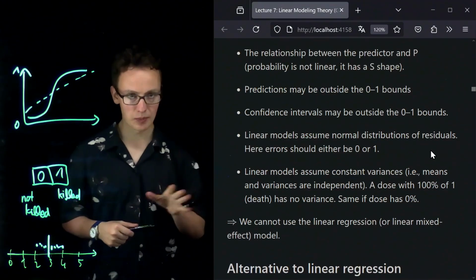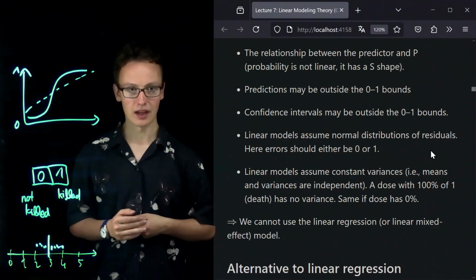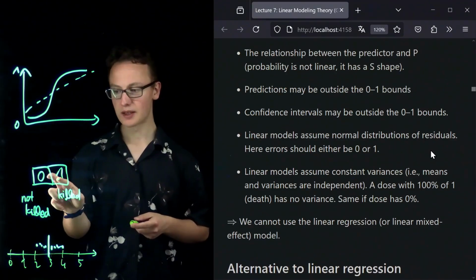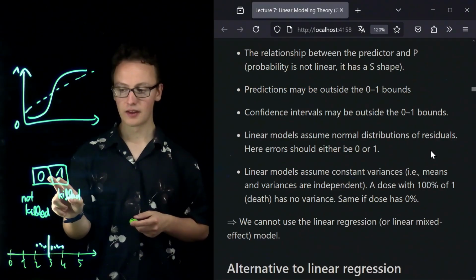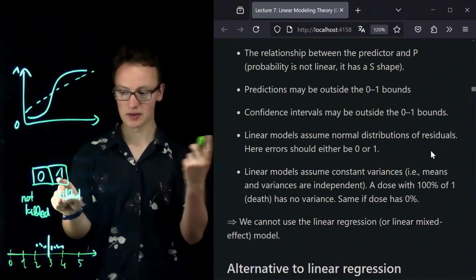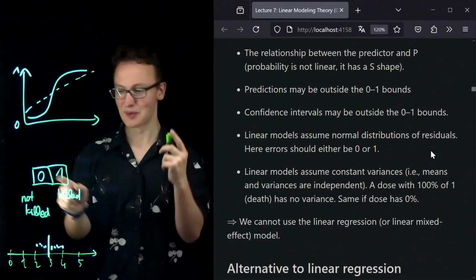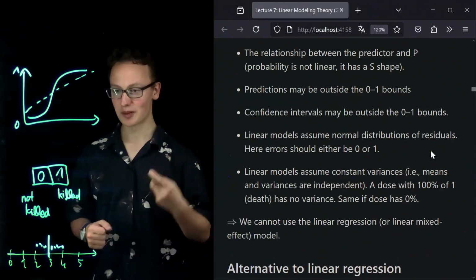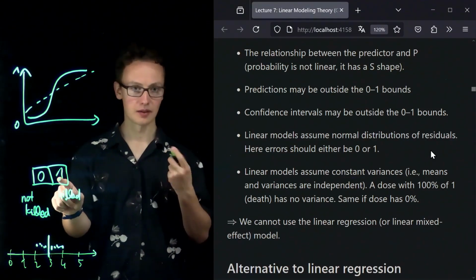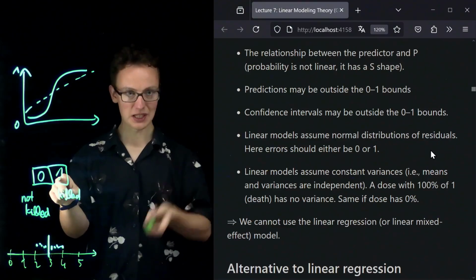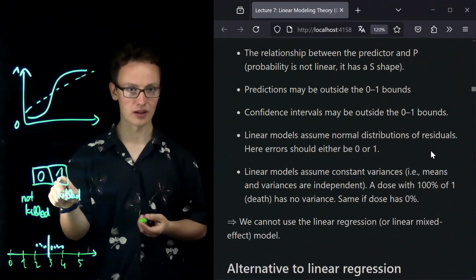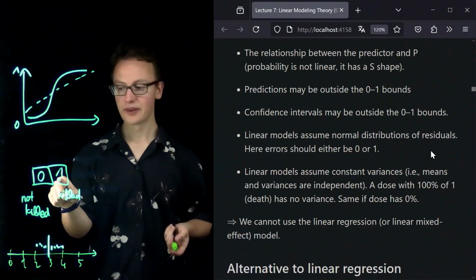Meaning that if your model predicts that the outcome should have been killed, but the observed outcome is not killed, then the error is 1, okay? Because there is a 1 difference between 0 and 1. Or alternatively, if your model predicts that the beetle should have been killed in that particular observation, and it was indeed killed, in that case the error is 0, right?